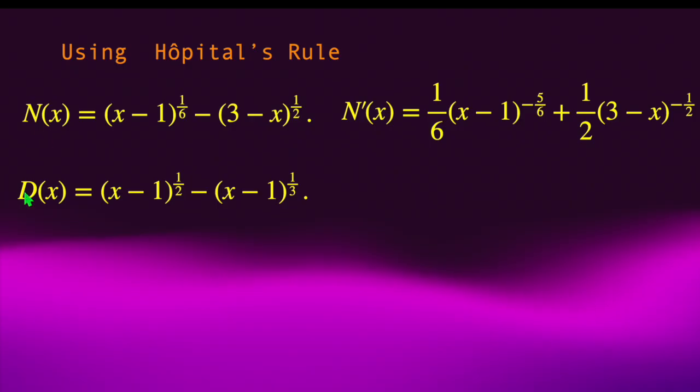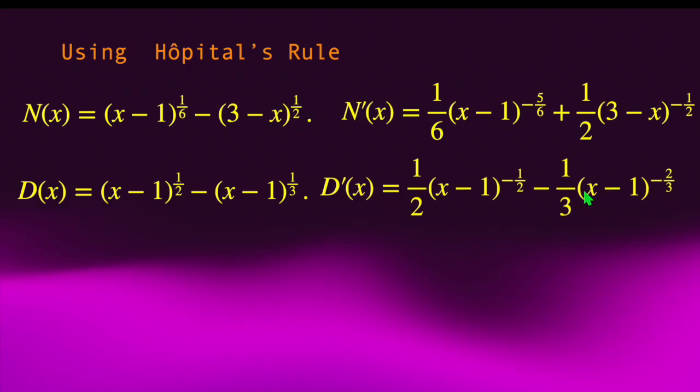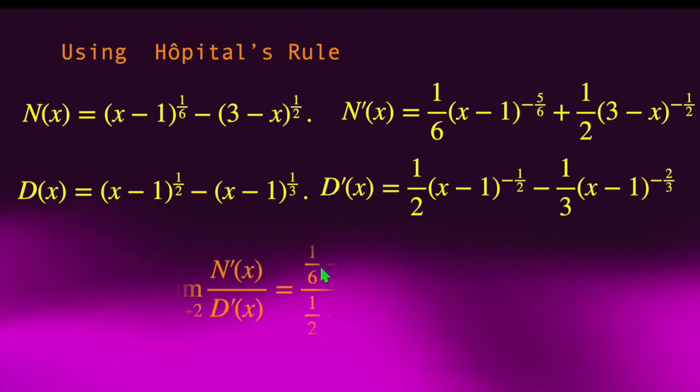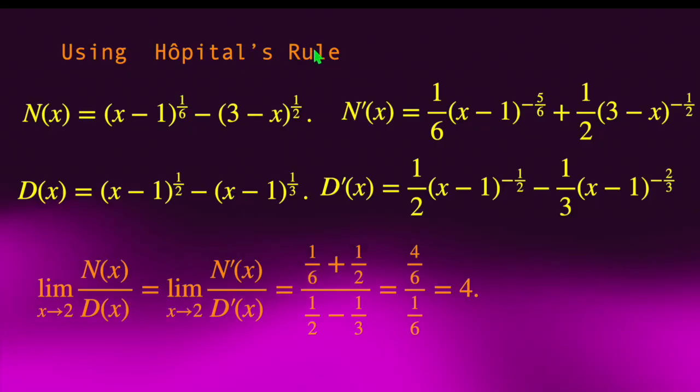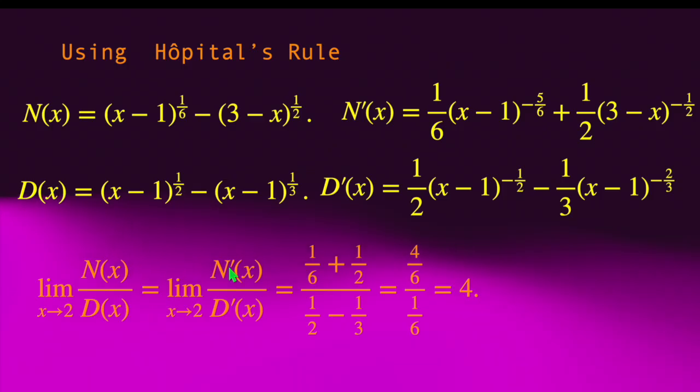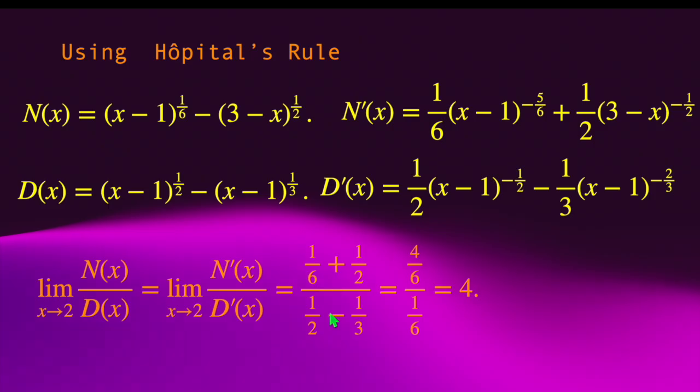We do the same for the denominator, and we get its derivative, and now we can use L'Hôpital's rule to get that the limit of n(x) over d(x) is the limit of the derivative of n over the derivative of d, and if we replace x by 2 we get the limit.